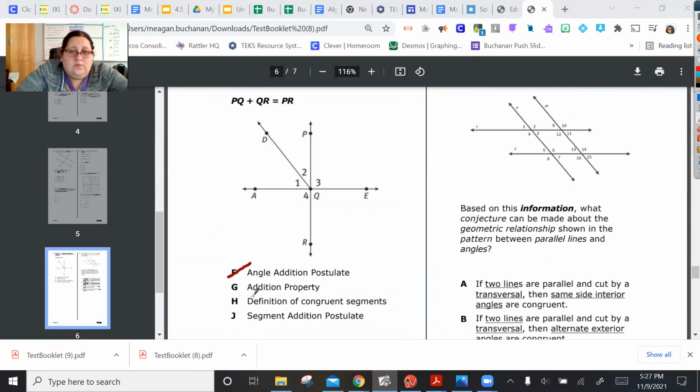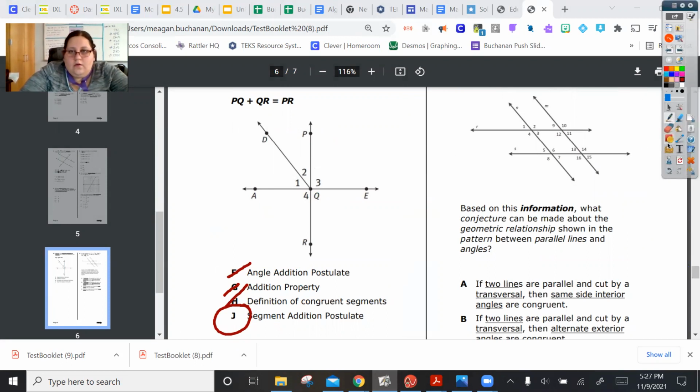Well, we can use addition for that, but that's not specifically the property we're looking for. Definition of congruent segments. At no point do we use the congruent symbol, so no. Segment addition postulate: part plus part equals a whole. Segment addition postulate, J.